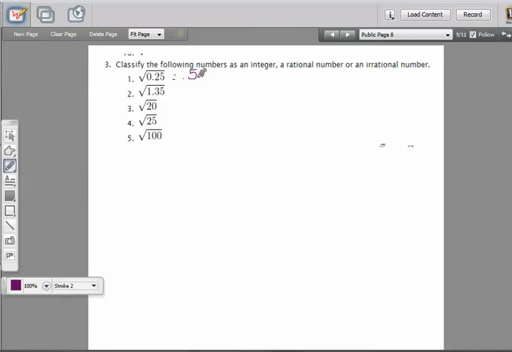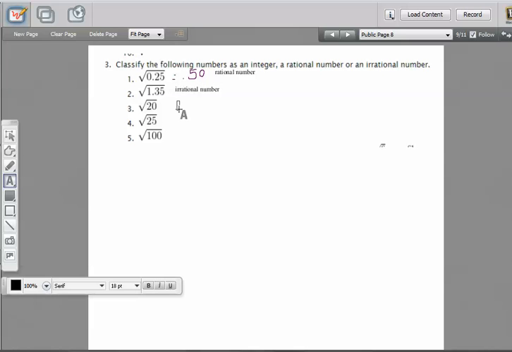So because it's a decimal that ends there, it's not an integer, but it is in fact a rational number. The square root of 1.35, so that was 1.161895004. That is an irrational number because there's no pattern or anything like that.